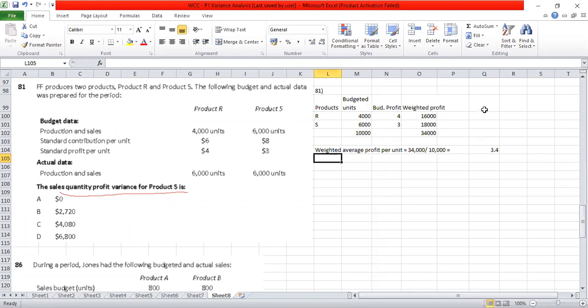So if we are finding out the quantity variance, if they are asking very specifically, then 3.4 should be applied for the difference between the units, 6,000 and 4,000, and 6,000 for R. For R, it is 6,800. S, it will be 0.